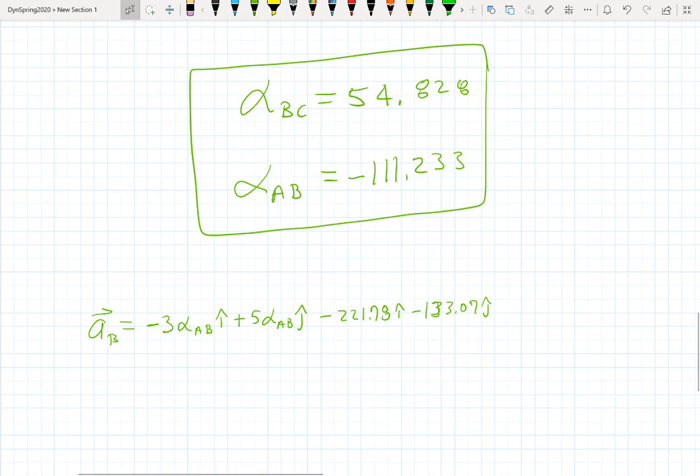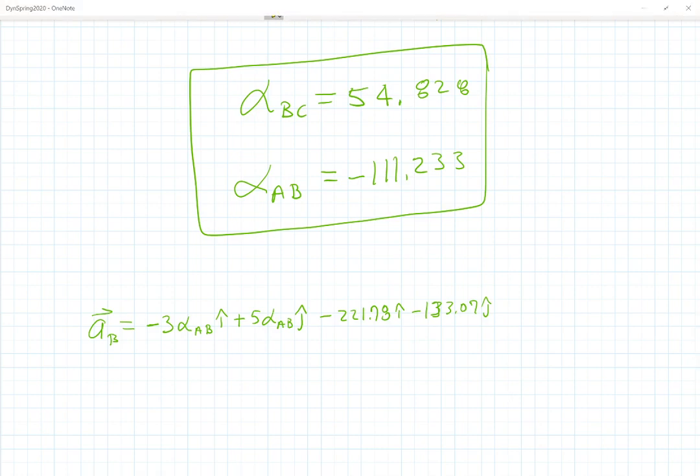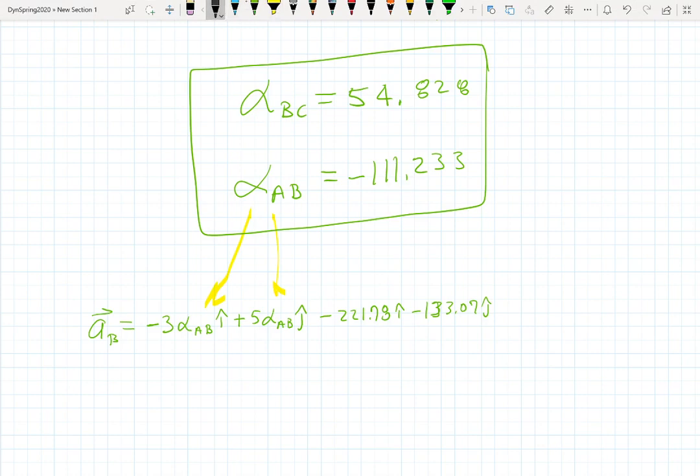So now I can do the same thing, except I'm looking for this term to go here and here. And so what I'll do is minus 3 times minus 111.233 I plus 5 times 111.233 J minus 78 I J. All right.